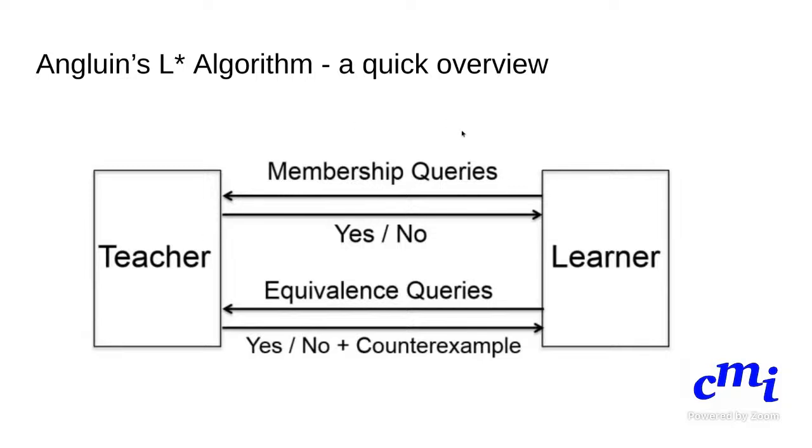The teacher knows the unknown language, or equivalently the positive and negative examples, or the DFA for the language that the learner is trying to learn. The objective of the learner is to learn the DFA by herself with the two types of tools that she has.